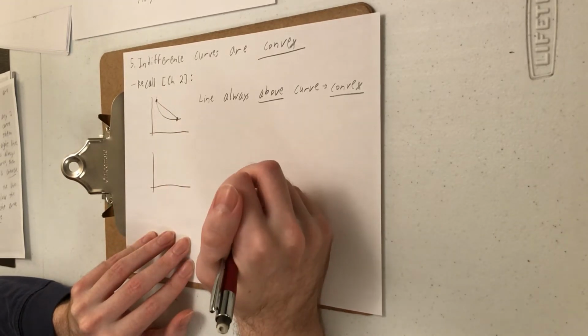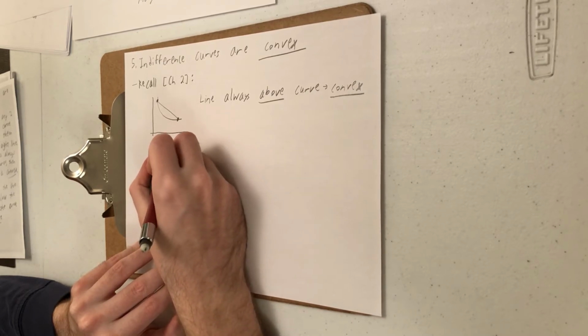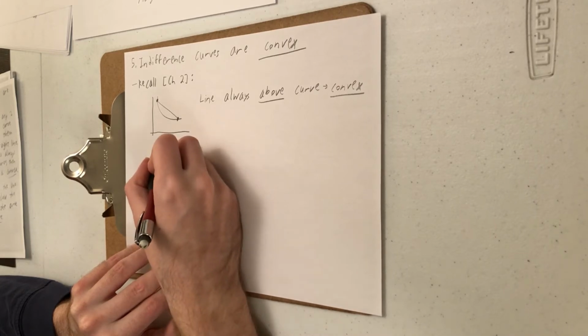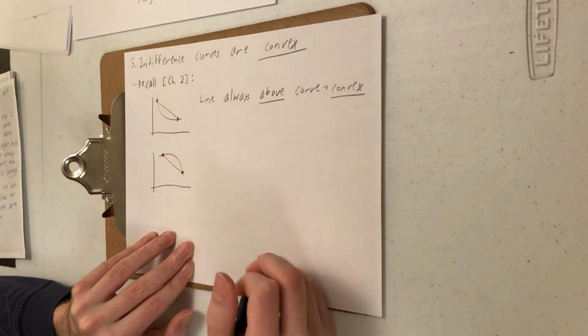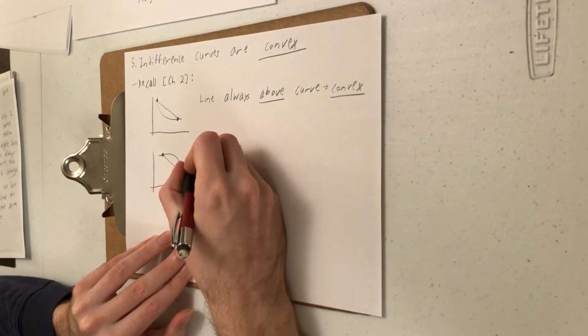If your line is always below the curve, like this, so pick 2 points, connect them, we call those kinds of curves concave.